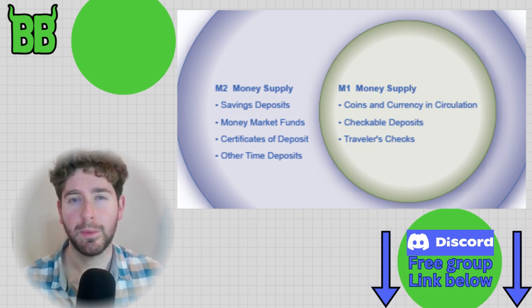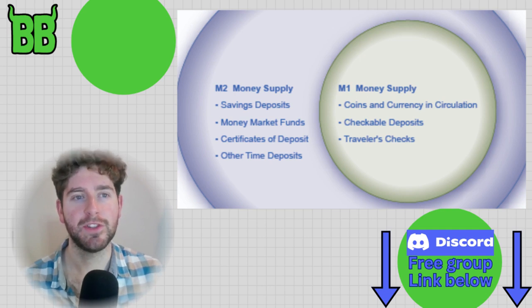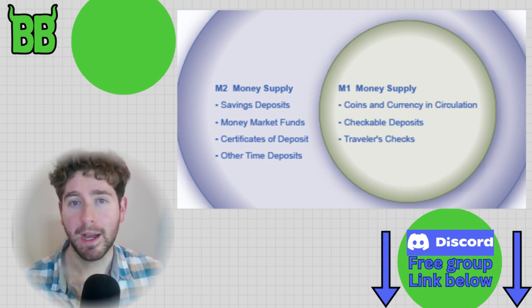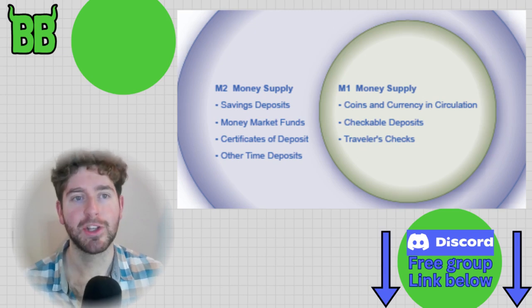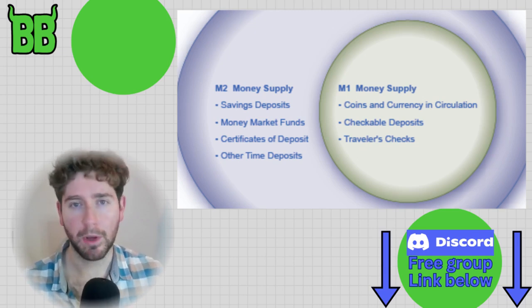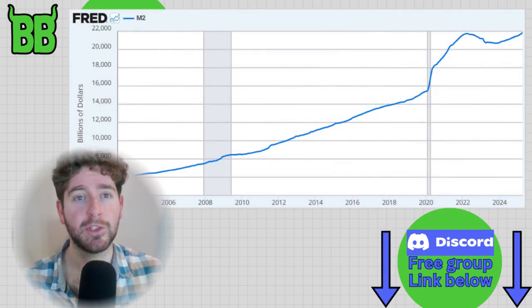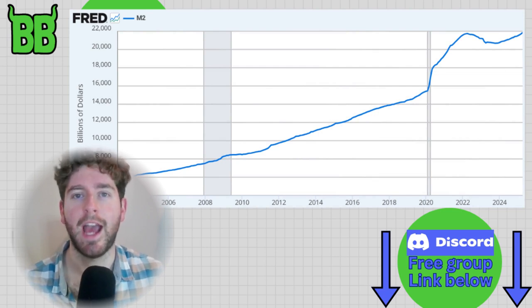Now, specifically, we're looking at the M2 money supply on this graph, and this measures anything that is money, like cash, but also near money, things that can be converted to cash in almost an instant. So things like cash in your bank account, money market securities which mimic cash, and also short-term deposits. All of that money in America is currently sitting at $22 trillion in assets.